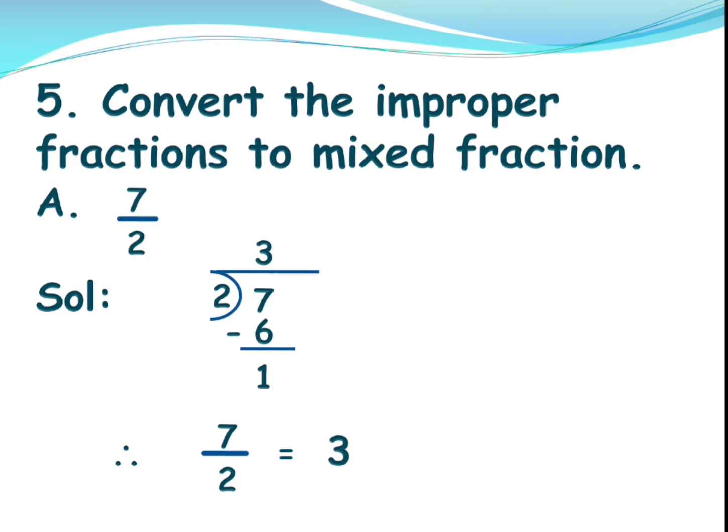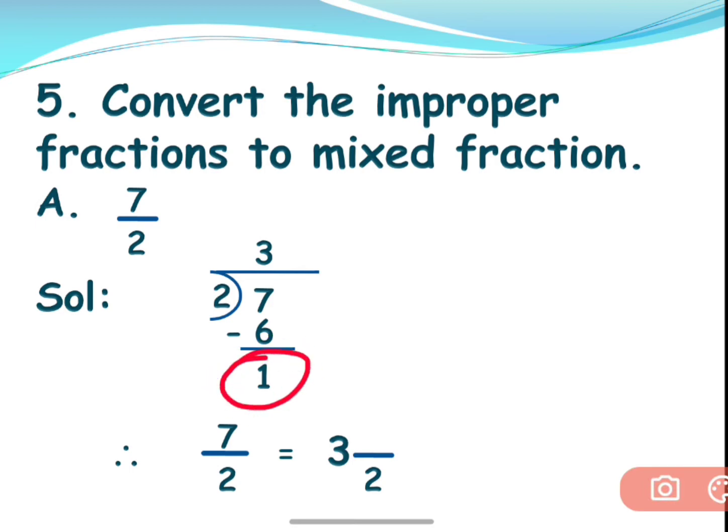Now you have to write a proper fraction, isn't it? Your divisor becomes your denominator. Okay, the divisor is your denominator. Now what do we have to write in the numerator? Nothing but the remainder.